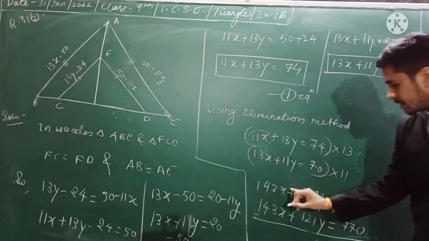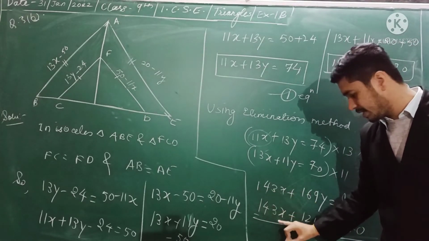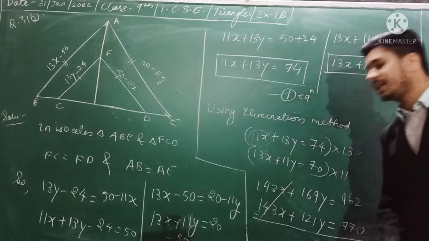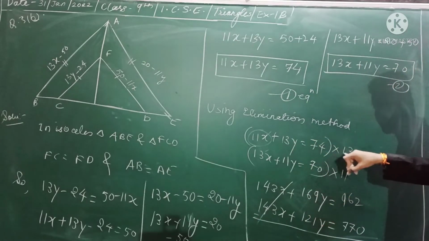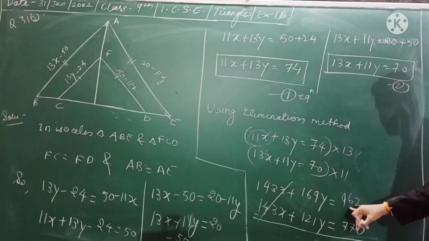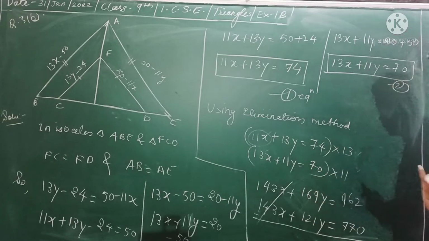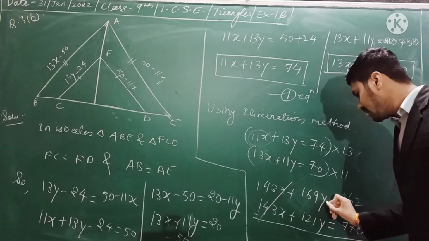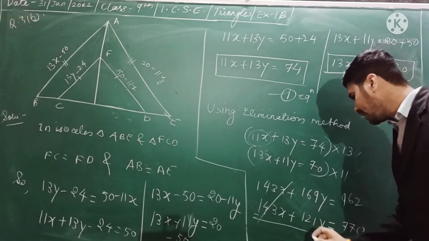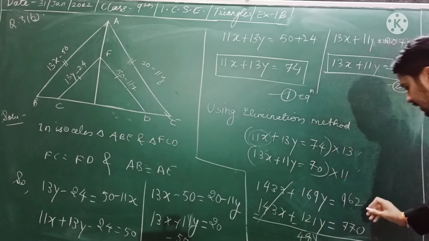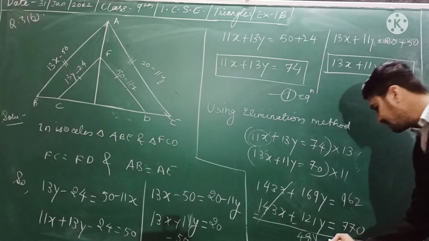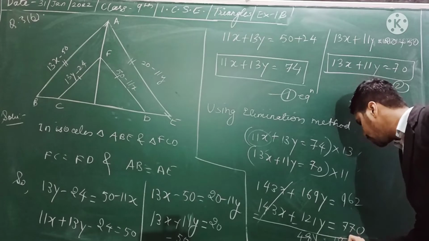By doing so, we get 143x and 143x so that they may be eliminated. 13 times 13 is 169y, 13 into 74 is 962, and 11 with this gives such and such. Now 169y minus 121y will give you 48y, on subtracting, and 962 minus 770 you will get 192.